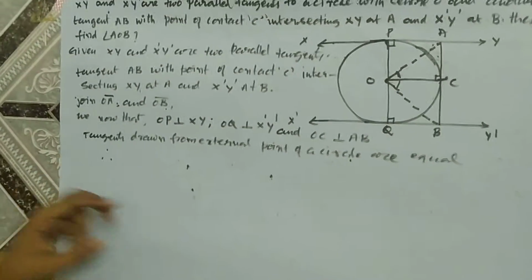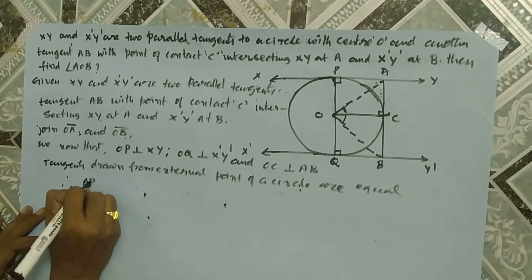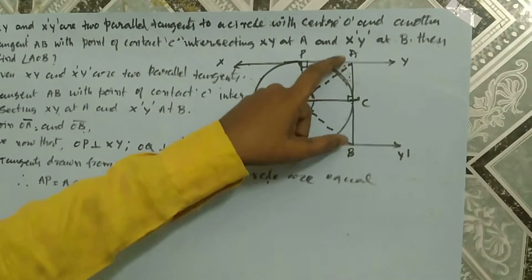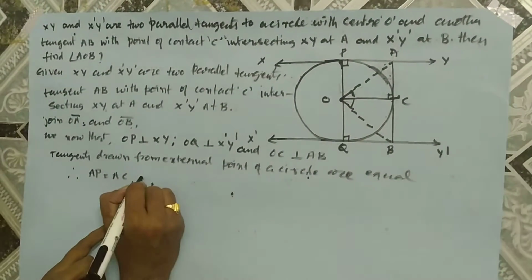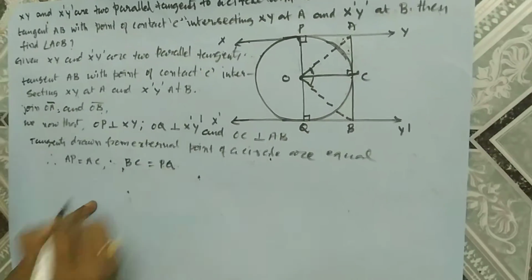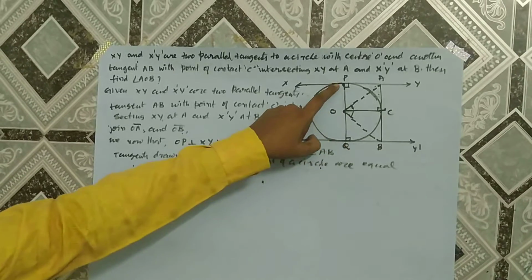Therefore, AP equals AC, and BC equals BQ.